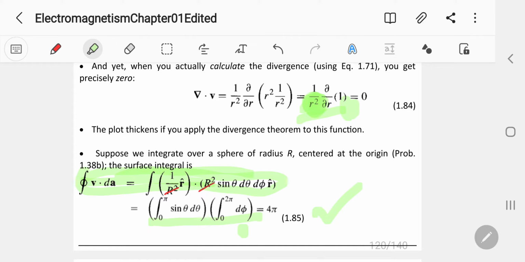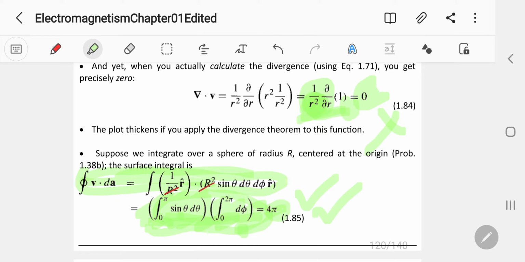So you have an infinite value at r equal to 0, and this one gives you a different value, which is 0, where this becomes infinite at r equal to 0, but this one does not depend on r, and it gives you 4 pi. So this must be the correct one rather than this.